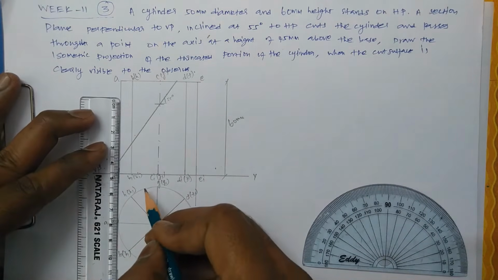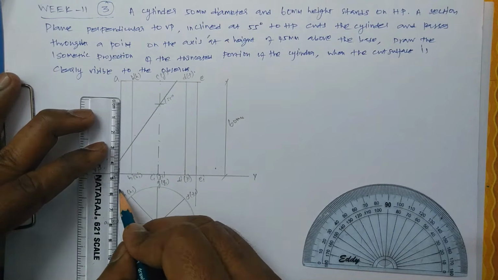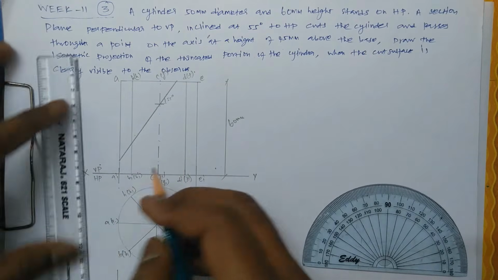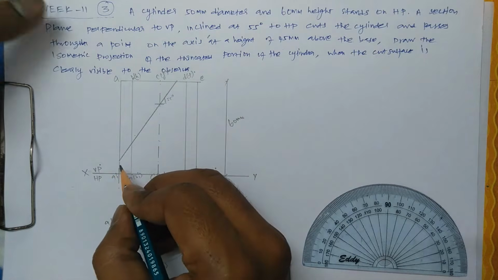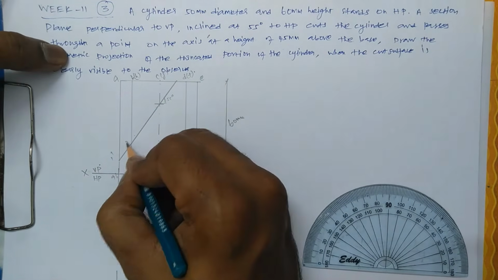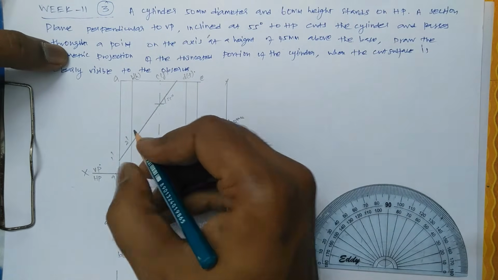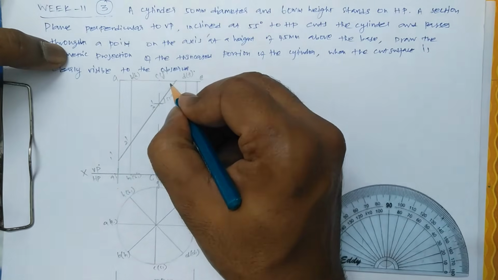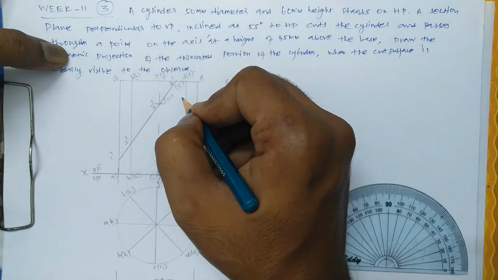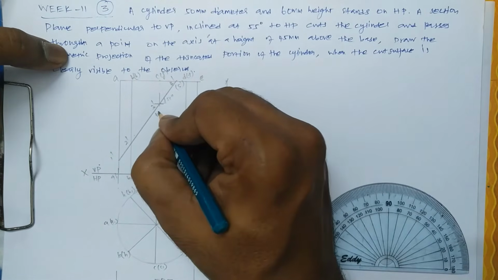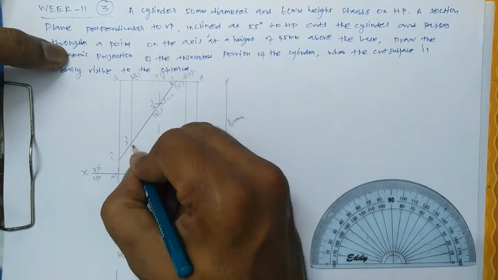Let us give the notations. From A1 to A2, 2 dash, 3 dash, 4 dash, behind there is 5 dash, and 6 dash behind in the C strip, and 7 dash.